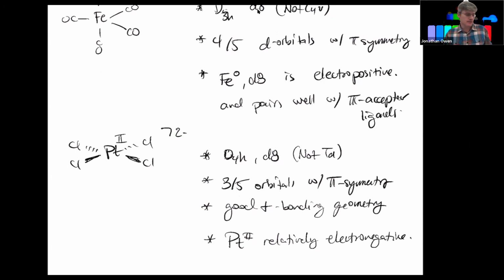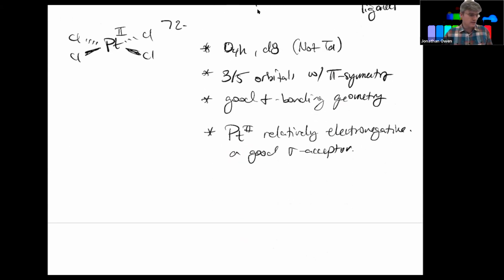Can't oxidize it very easily. So platinum 2 is electronegative, and it's a good sigma acceptor. So the bonding for that kind of a complex is really dominated by geometries that favor sigma donating ligands, and it's not interested in pi back donation so much. So that's why it's not Td.